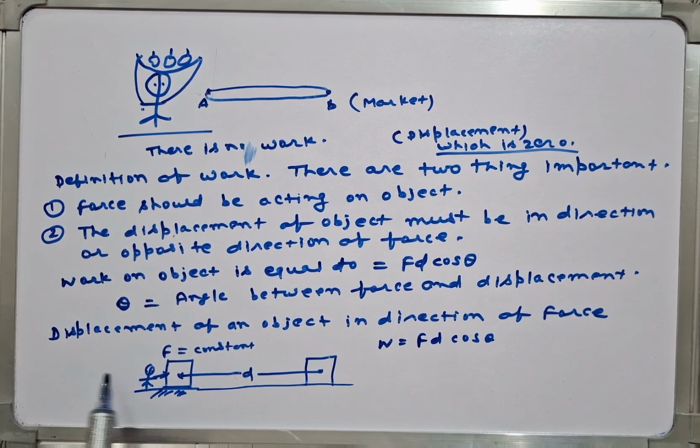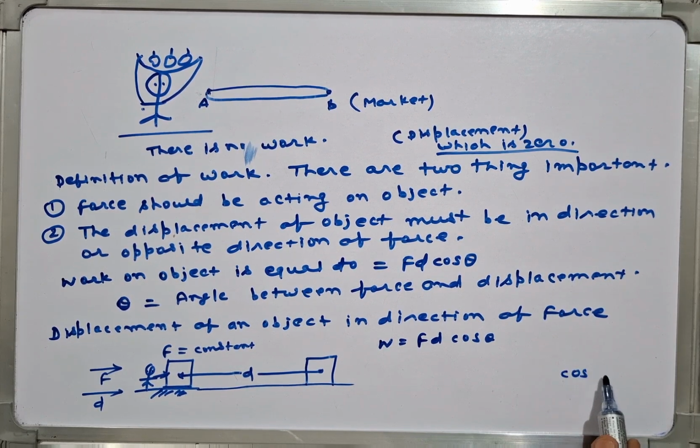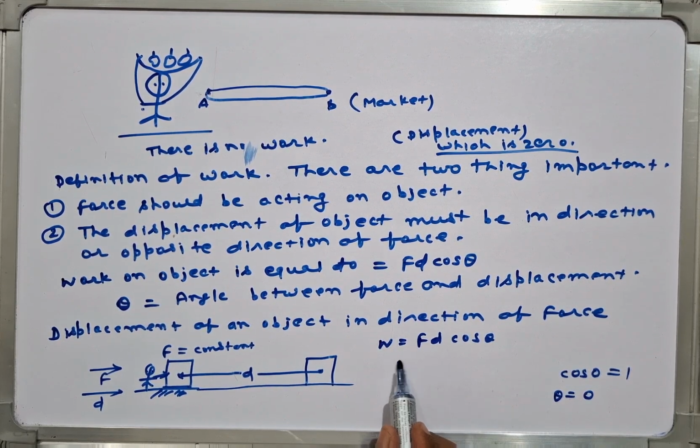If the person is pushing and the direction of force and displacement d are in the same direction, then cos 0 equals 1, because when two lines are parallel to each other, we say the angle is 0, so theta equals 0. So work done in this case equals F d.